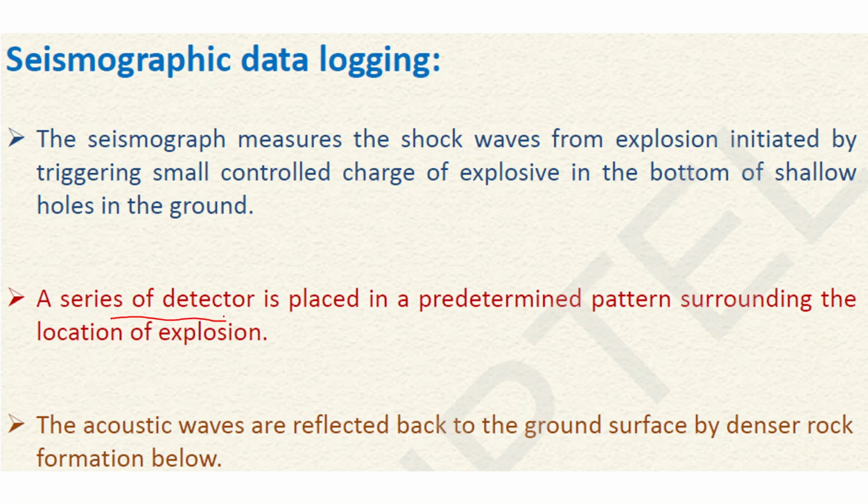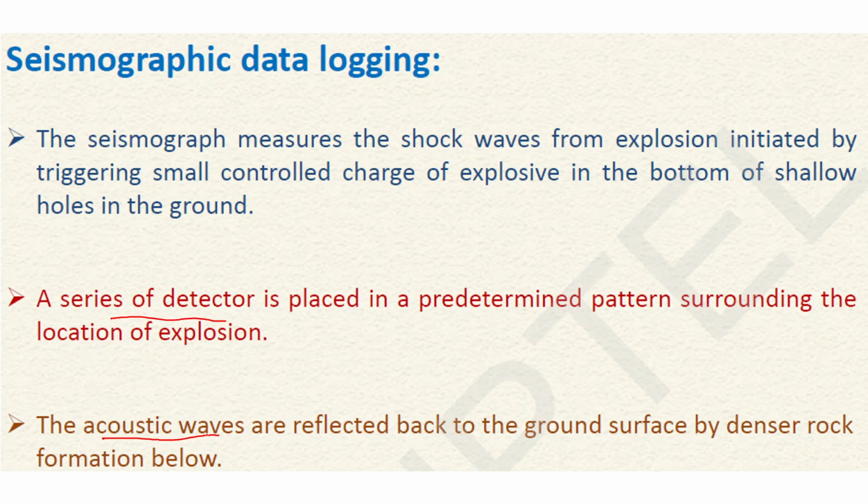And these reflected waves, which are basically called acoustic waves, are recorded in these detectors. These waves are sent to the ground surface by denser rock formation below. Denser rock, basically, is our reservoir rock.